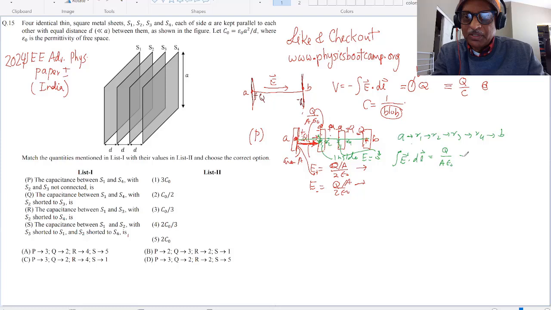From here, I'm going to get exactly the same quantity, Q over A epsilon naught, and from here again Q over A epsilon naught, each multiplied by the distance d when I integrate dl. Doing this gives me Q times 3d over A epsilon naught. So this is the blob.